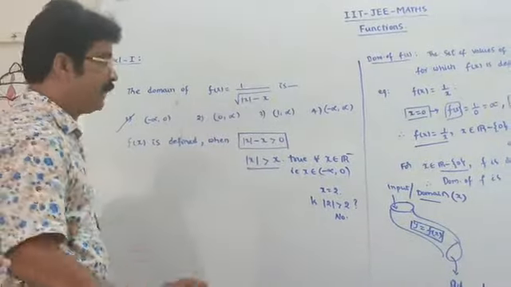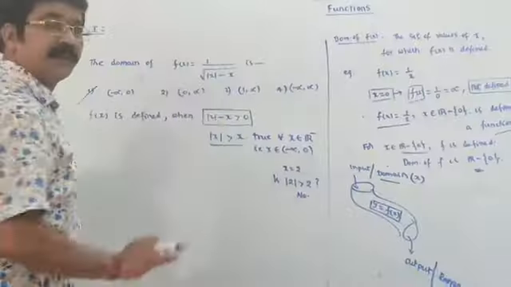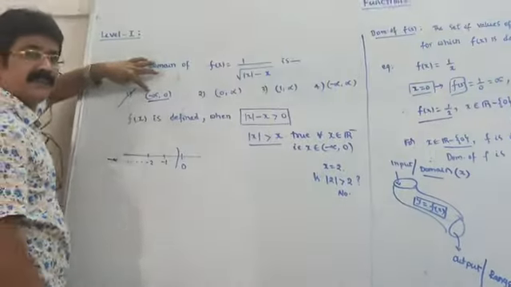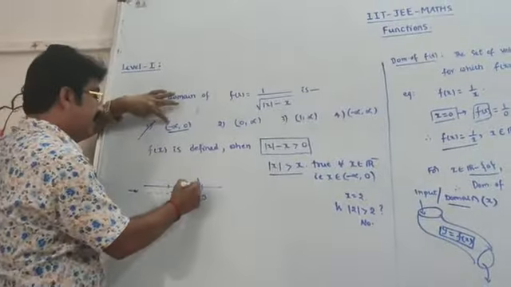One minute. This is strictly according to the procedure. Now the shortcut: this interval minus infinity to 0 means what? On the real line, 0, then minus 1, minus 2, just like that, minus infinity. You can take any random value, for example minus 1 by 2 or minus 1 itself, and put x equal to minus 1.